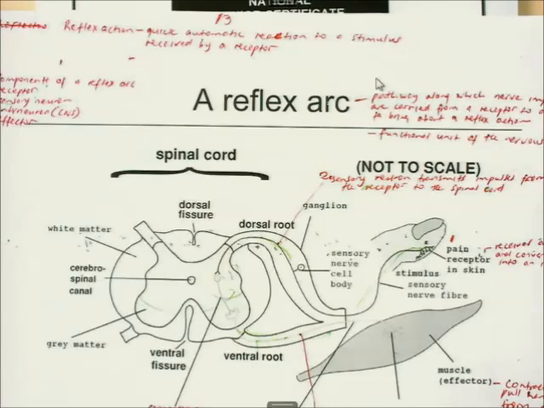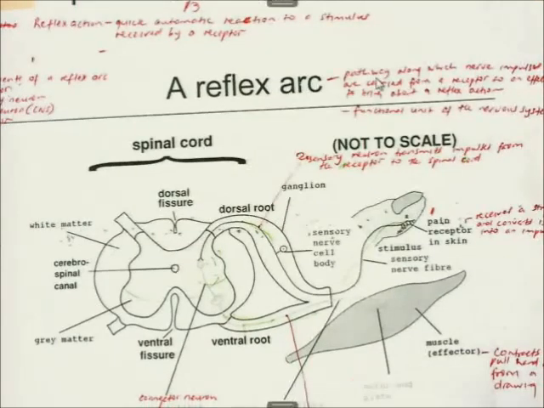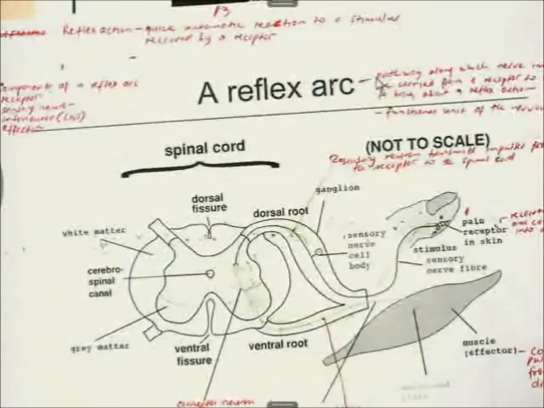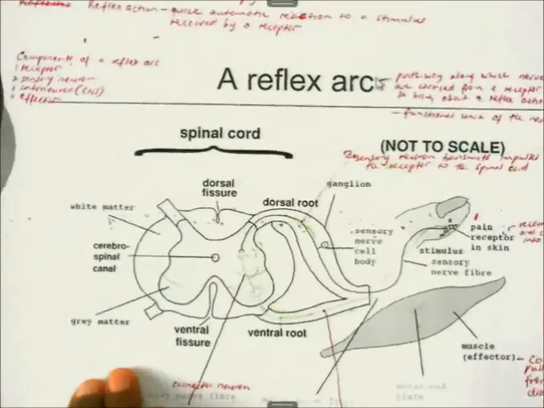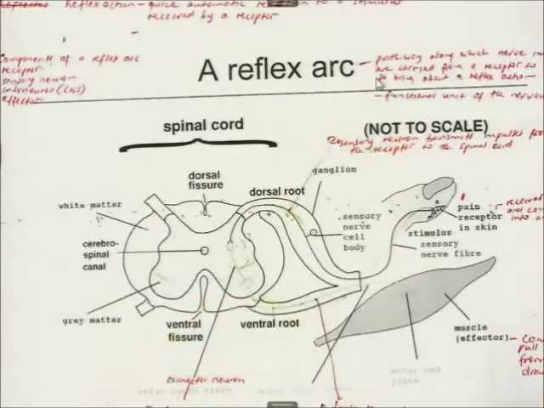And then your effector is your muscle or your gland, which will respond to a stimulus. So the main function of this reflex arc is that it plays a role in protecting your body so that your body doesn't get harmed.